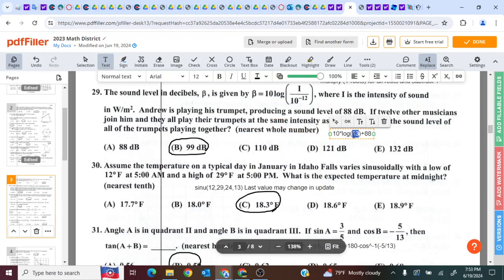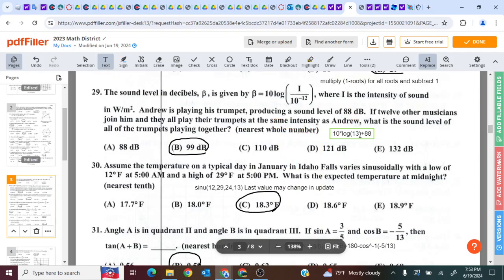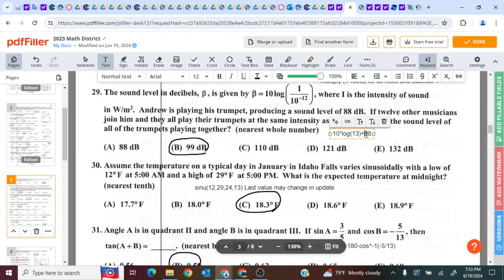Well, in this case, your I value is multiplied by 13. So you can take whatever I value or whatever sound level you previously had and add it to log base 13. And you have to multiply it by this 10 out front, because when you're multiplying two numbers inside a log, you get to take one of them out and just add.